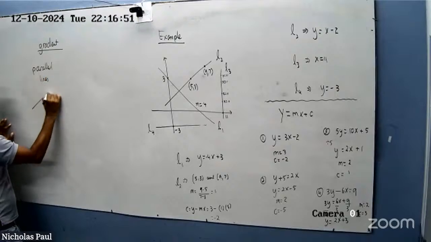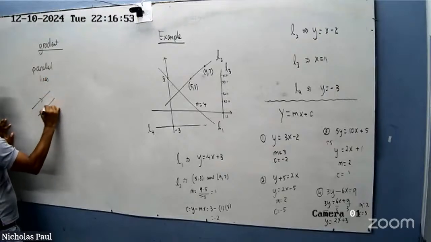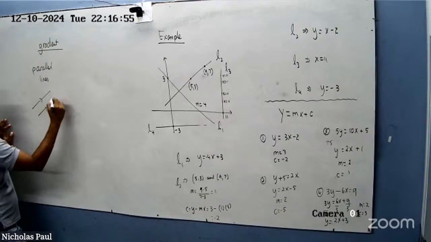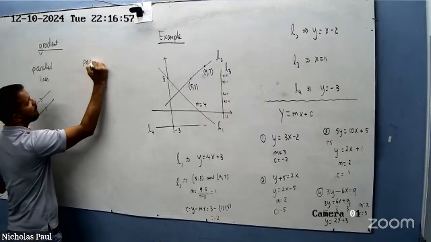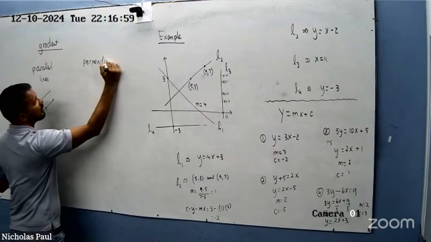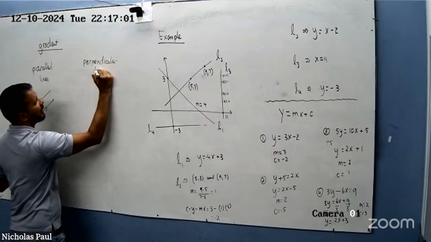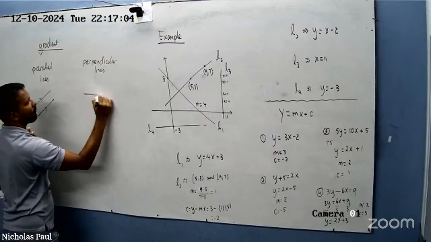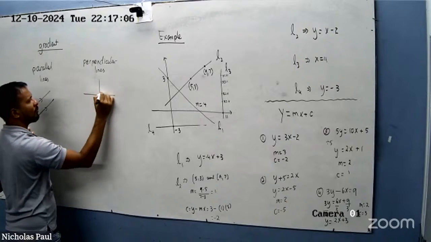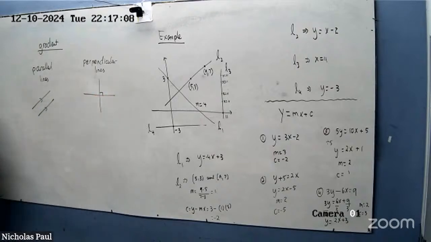We have 2 types of lines that we're going to focus on: parallel lines and perpendicular lines. Perpendicular lines means the lines meet at 90 degrees, right?